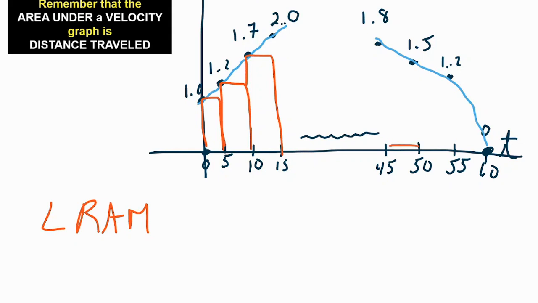If I go out here to the end, my rectangle is outside of the space. For each one of these remaining rectangles, if I go to the left and meet the graph, then I'll generate these rectangles.